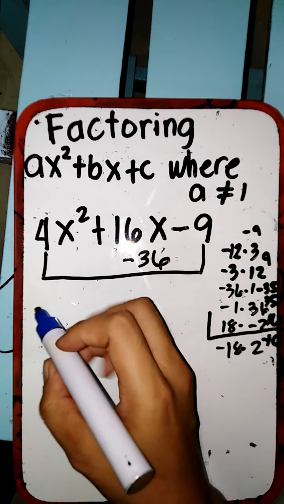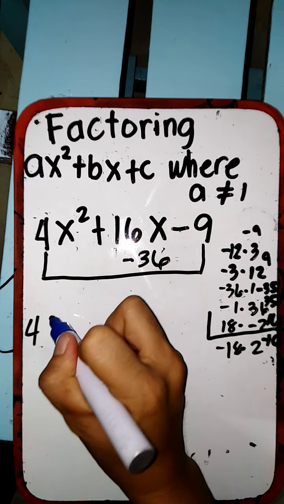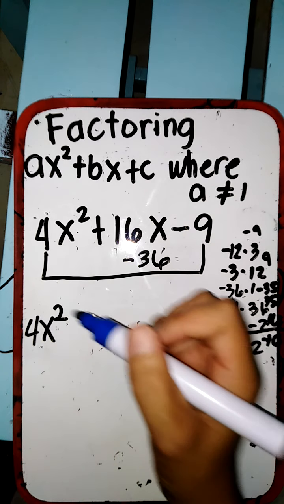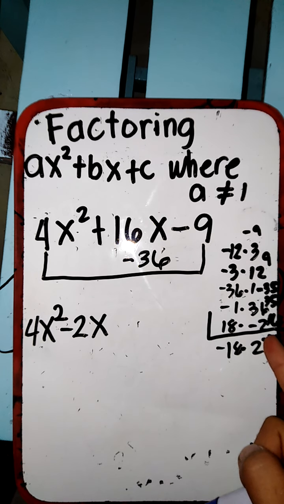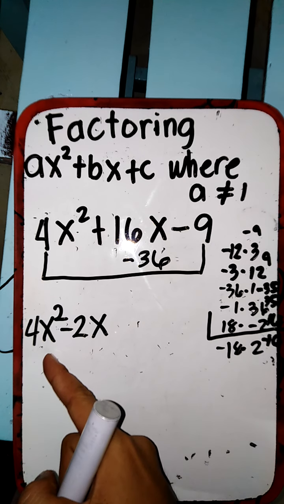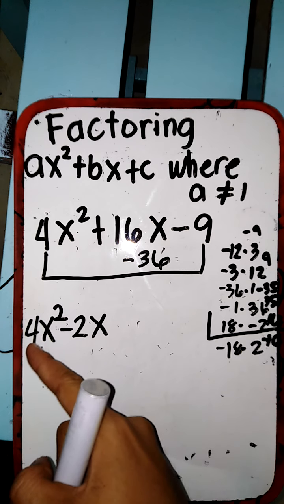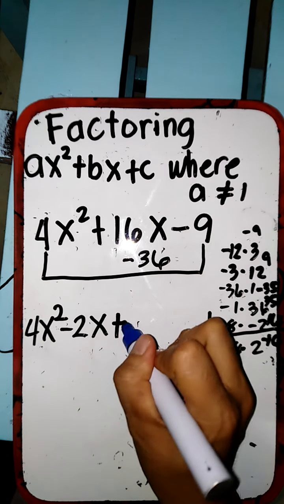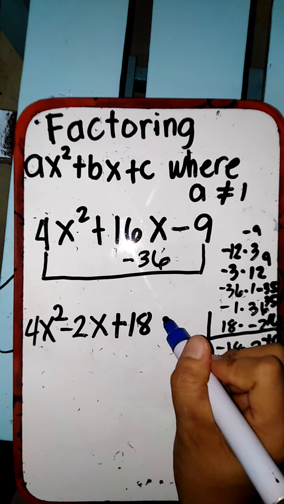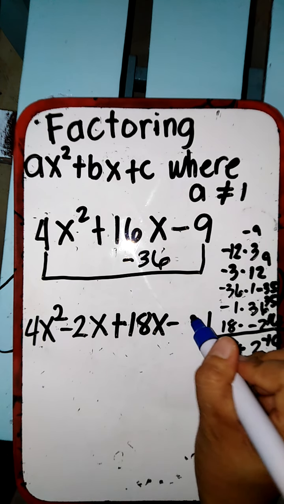So we are going to use 18 and negative 2. We now have our new expression, 4x squared minus 2x, because 4 and 2 have a common factor, which is 2, plus 18x minus 9.